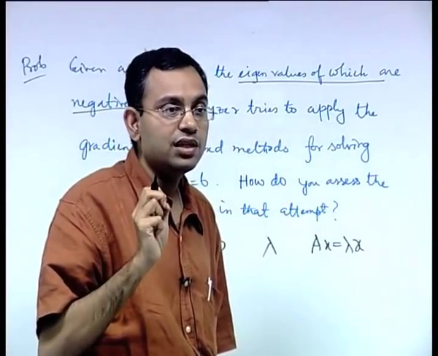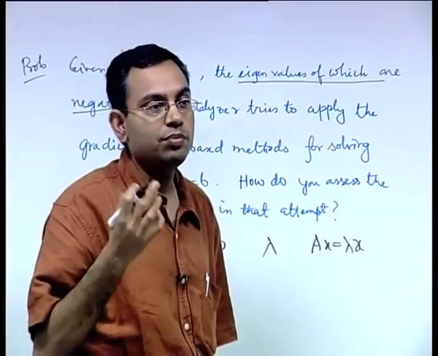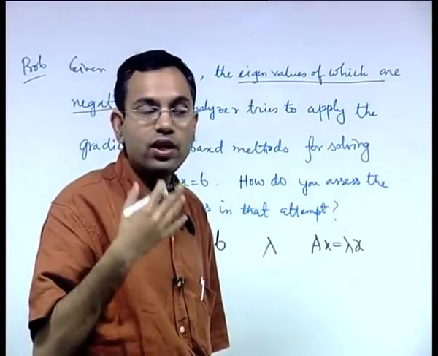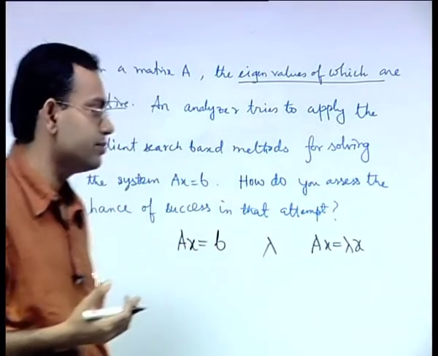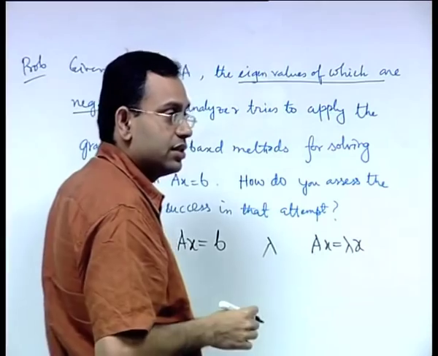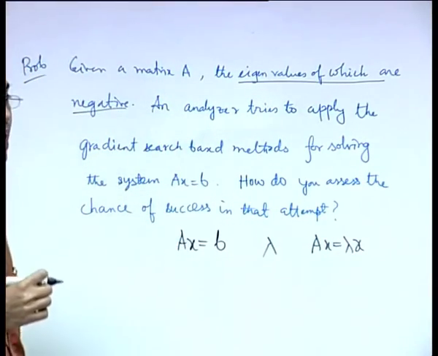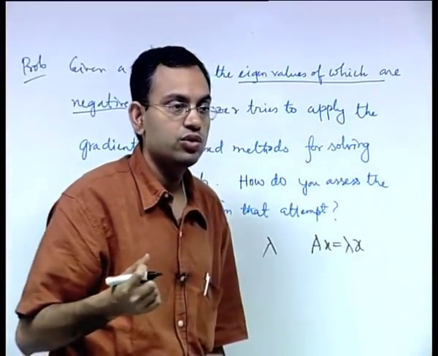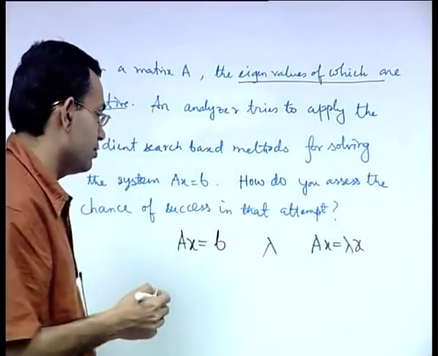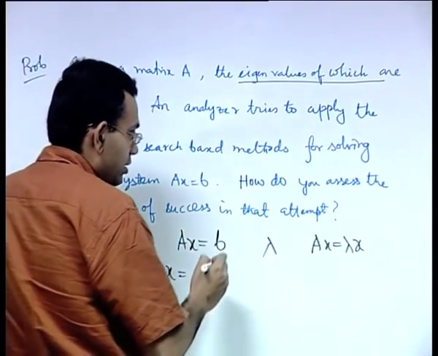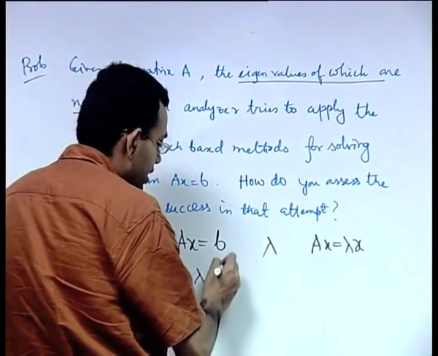A minimization on the top of that is ensured by a positive definiteness of A over and above the symmetry requirement. So, we have to ensure that A is positive definite. How do we ensure? If you have an arbitrary vector x, then x transpose Ax should be greater than 0. Now, if you have x transpose Ax here, that is nothing but lambda into x transpose x.